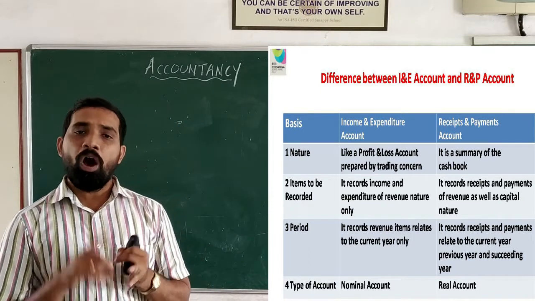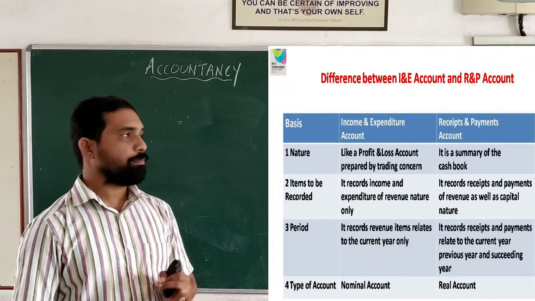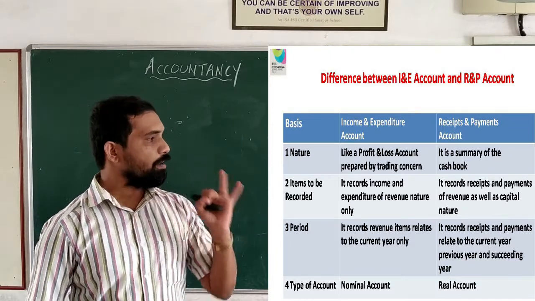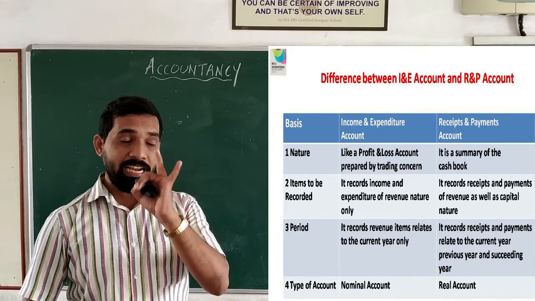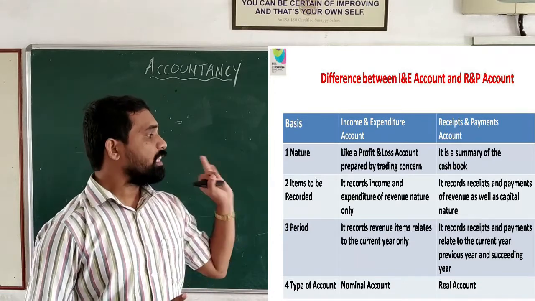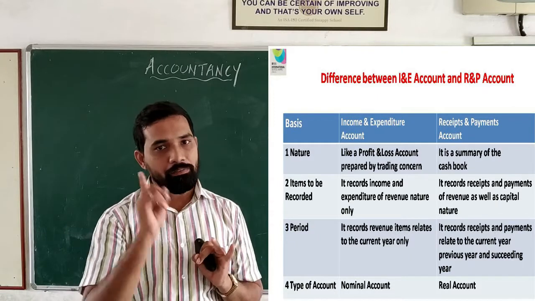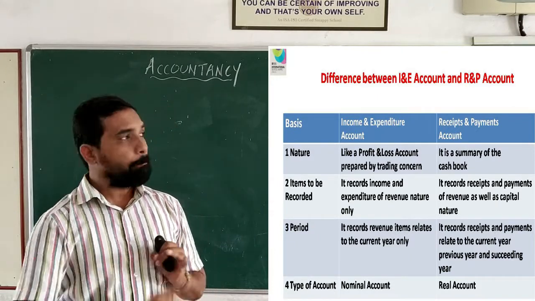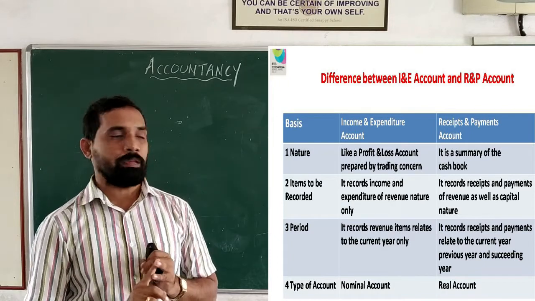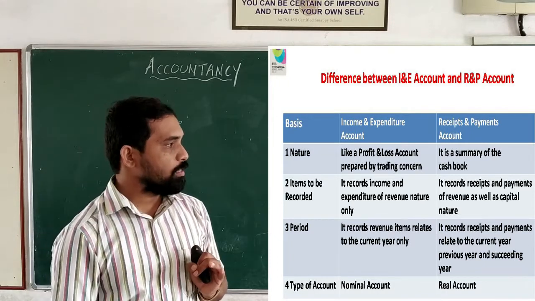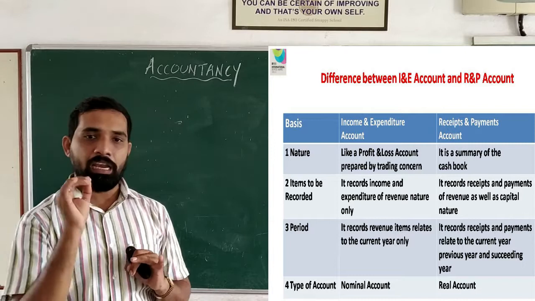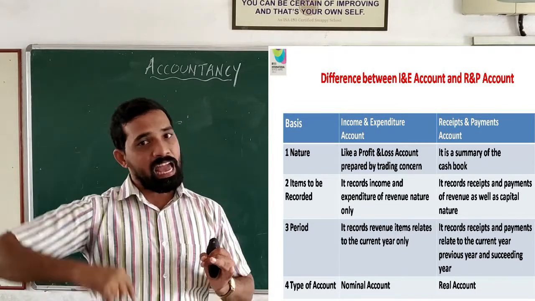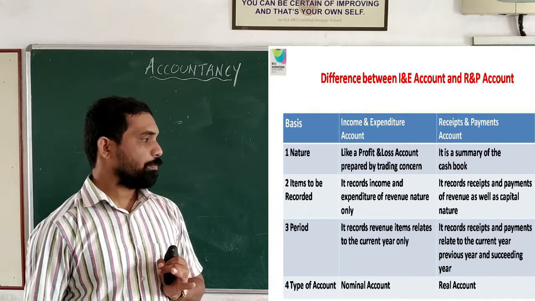And third point, on the basis of period. Income and expenditure account records revenue items related to the current year only. But in case of receipts and payments account, it records receipts and payments related to the current year, previous year and succeeding year.